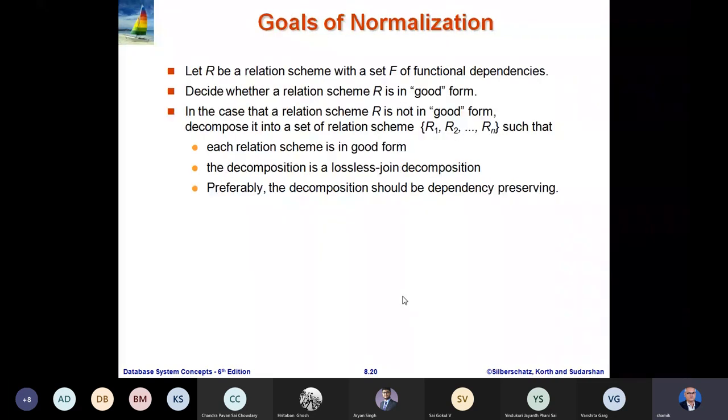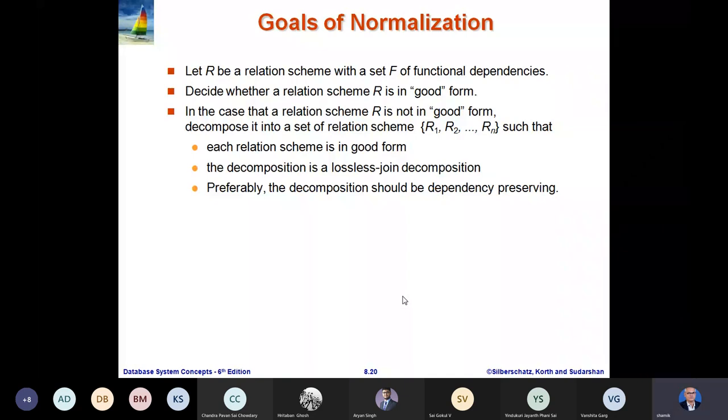So finally, if we try to sum up what we have said so far, and we'll look into how this decomposition is done, our goal is this: let R be a relation schema with a set F of functional dependencies. First of all, decide whether a relation schema R is in good form. That means if our target is BCNF, we see whether R is in BCNF or not.